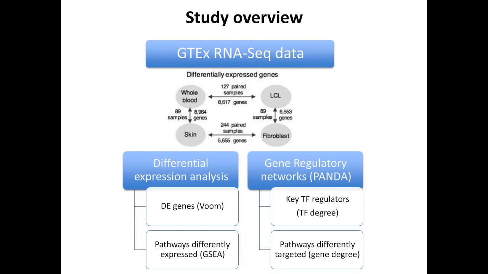Then we did skin and fibroblast samples, and similarly whole blood and skin, and LCL and fibroblast. In total, there were 89 paired samples from the same individual that had all four. There were 244 paired samples between skin and fibroblast, and 127 paired samples between whole blood and LCL.